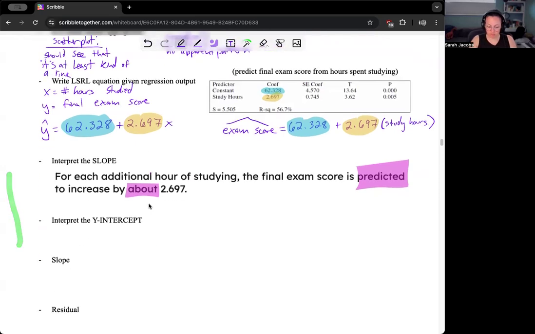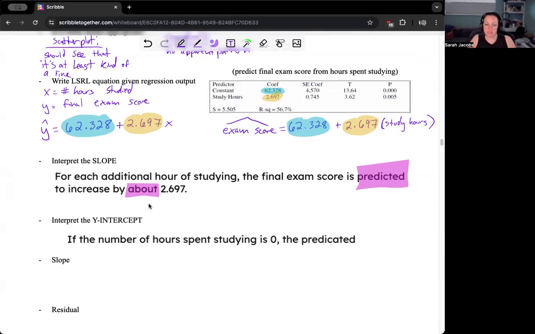Sorry. Then interpreting the y-intercept. If the number of hours spent studying is 0, so the y-intercept always happens when x is 0, the predicted exam score is 62.328.